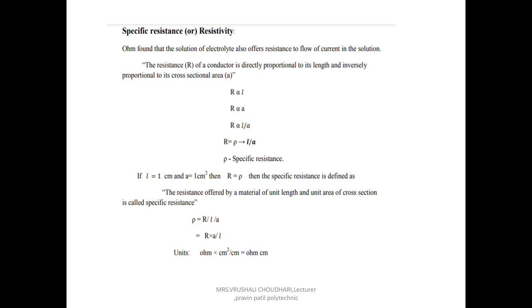It is called specific resistance. It is the resistance of a uniform column of a material of conductor having a length of 1 centimeter and cross section of 1 cm square. So the unit of specific resistance is ohm dot cm, ohm multiplied by cm.